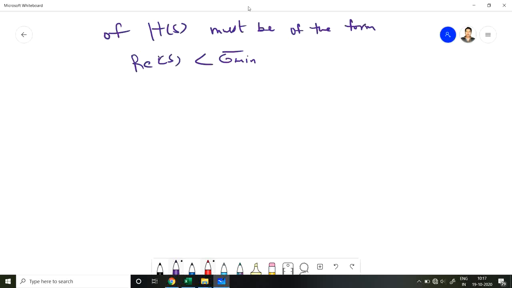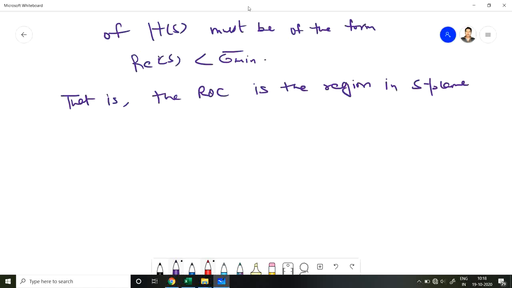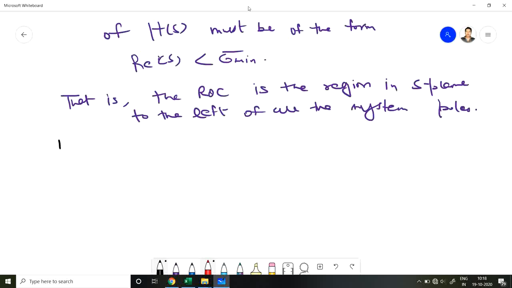That is, the ROC is the region in the s plane to the left of all the system poles. So next is part B, stability.